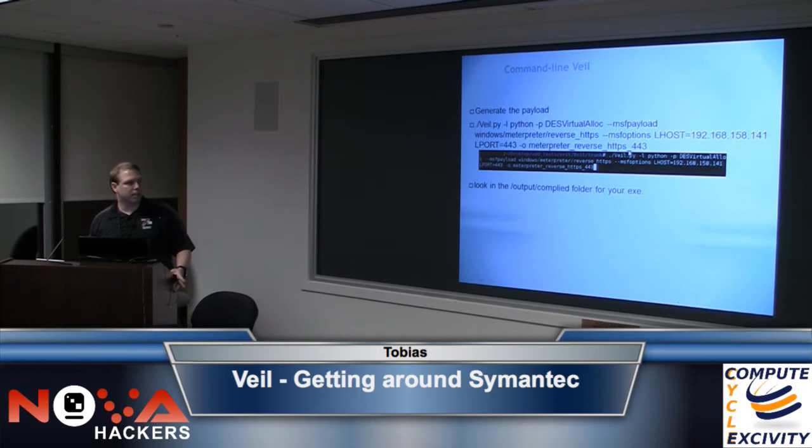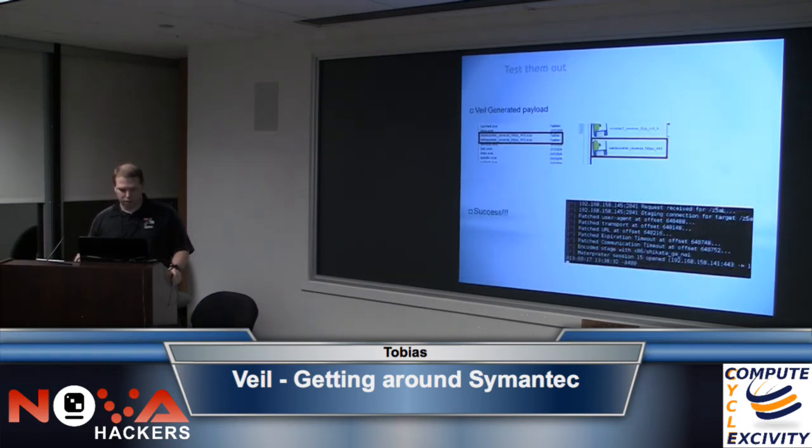Once that gets done, it's put into the output folder, and then copy it to your customer's laptop, and there it is sitting on the desktop, and it did not get picked up. Once you run it, as long as you have your multi-handler running, it'll create the shell back to you.